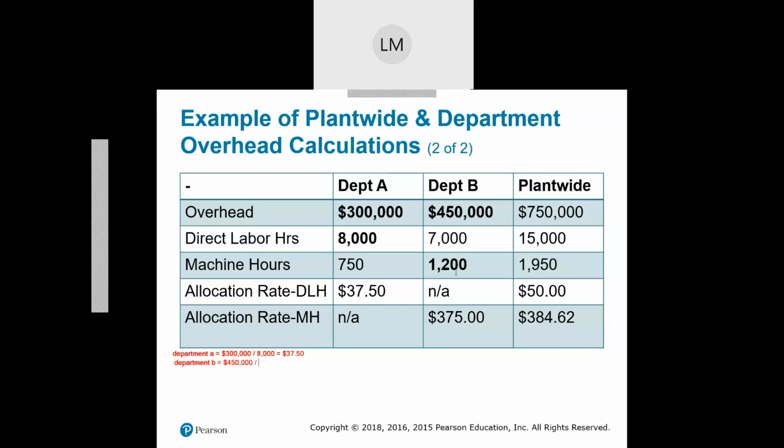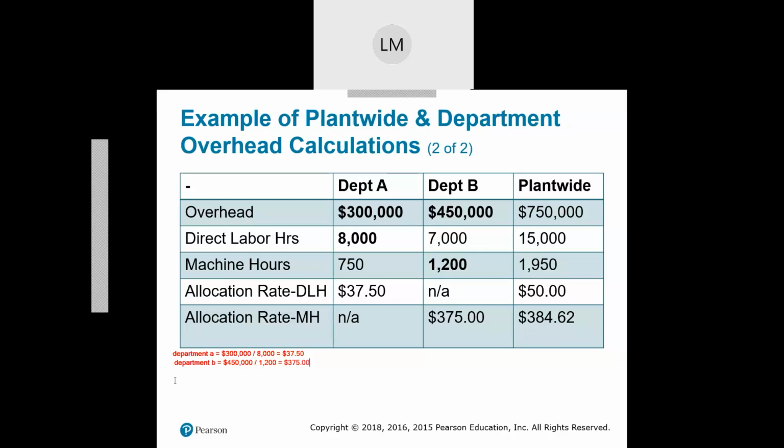We expect to use 1,200 machine hours next year. So when I take 450,000 and spread that out over 1,200 machine hours, I'm going to get an overhead allocation rate of $375 per machine hour that's used to make any product. And we see that right here.